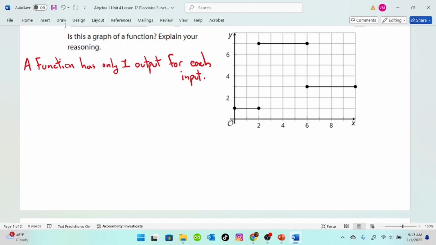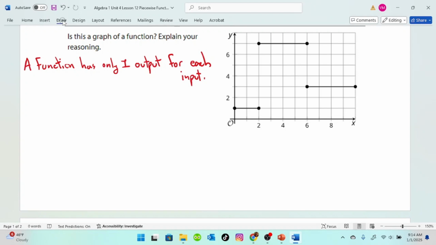If I can ever hit the graph in 2 points at the same time with a vertical line, then it is not a function. Because what that will mean is that at that input, I have more than one output.